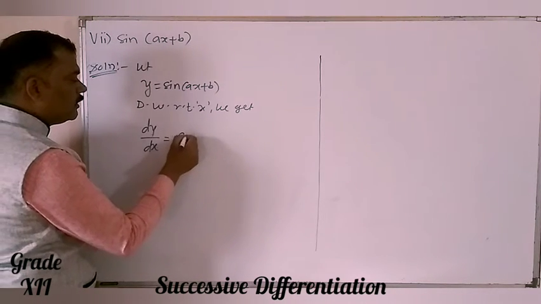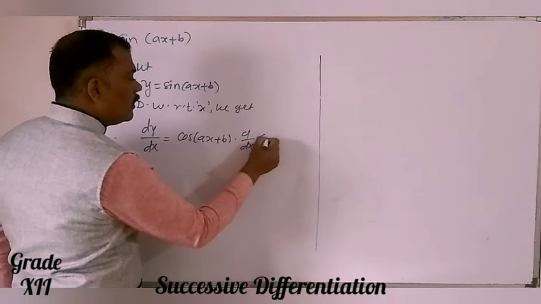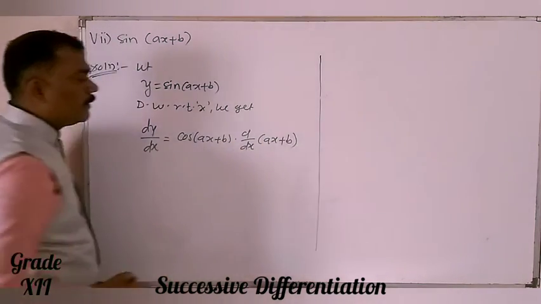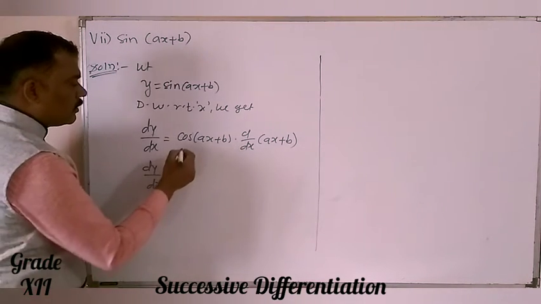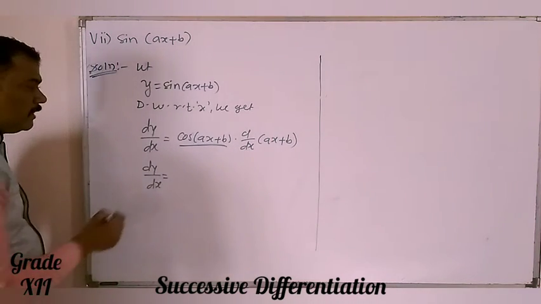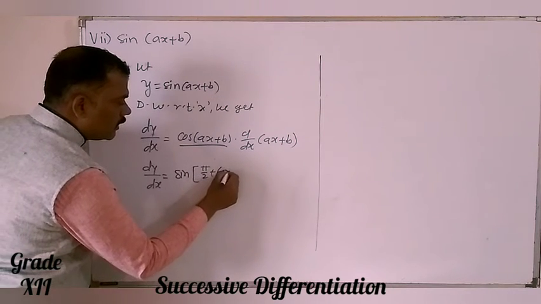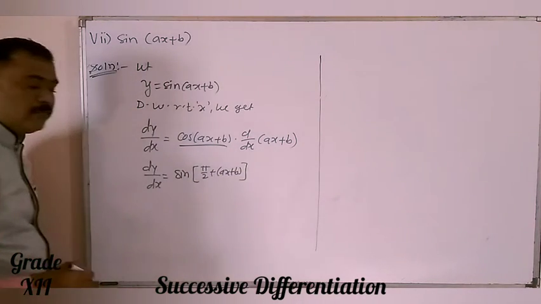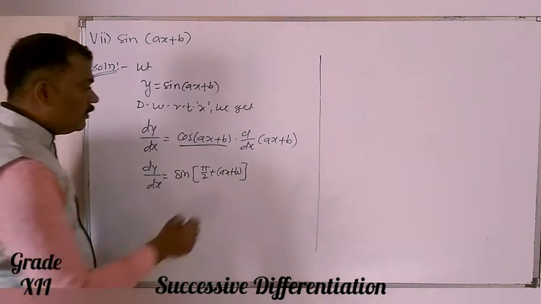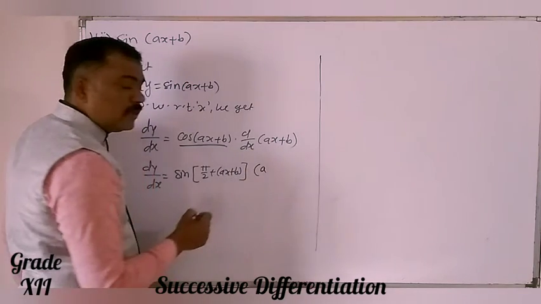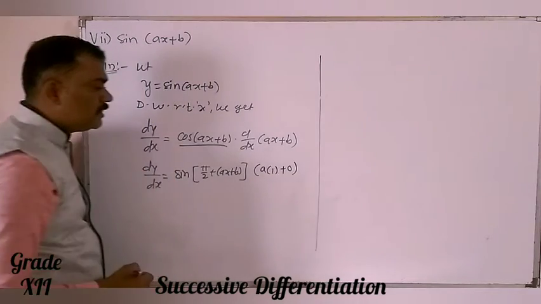Differentiation of sin is nothing but cos of ax plus b into d by dx of ax plus b. We can write this cos in terms of sin, so we get the same pattern, that is sin of pi by 2 plus ax plus b, since sin 90 plus theta is nothing but cos theta, and in the second quadrant sin is positive. a is a constant, so we take it outside; differentiation of x with respect to x is 1, and b is a constant so its derivative is 0.